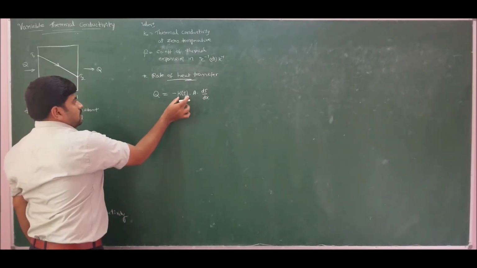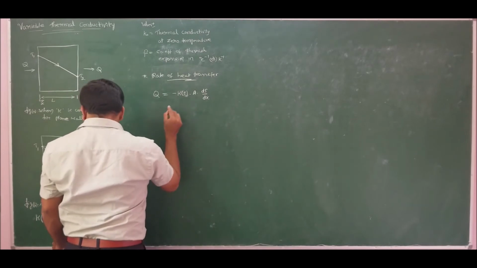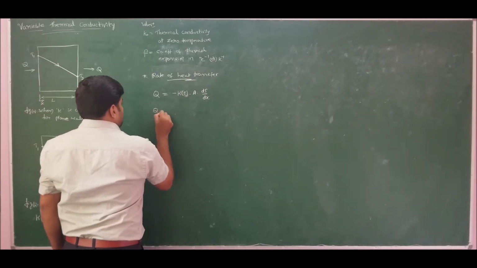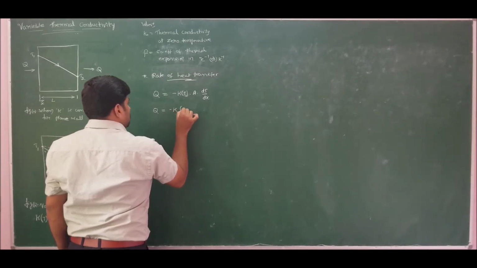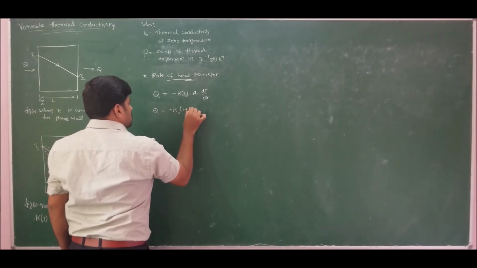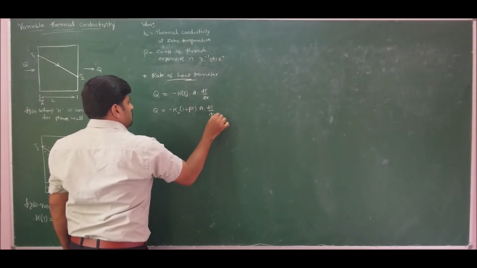Now, thermal conductivity is a function of temperature, which is known to us. Substituting for variable thermal conductivity, we have Q is equal to minus K naught of 1 plus beta T into area into dt by dx.